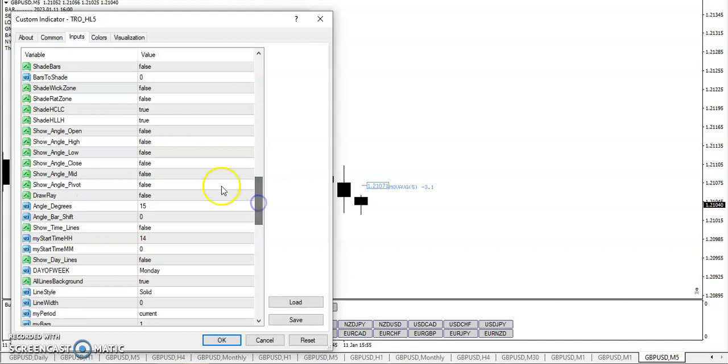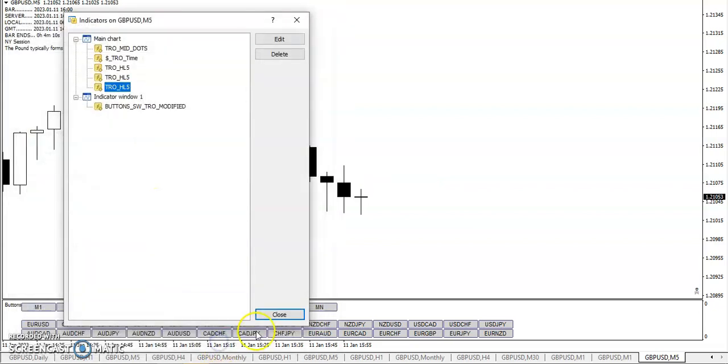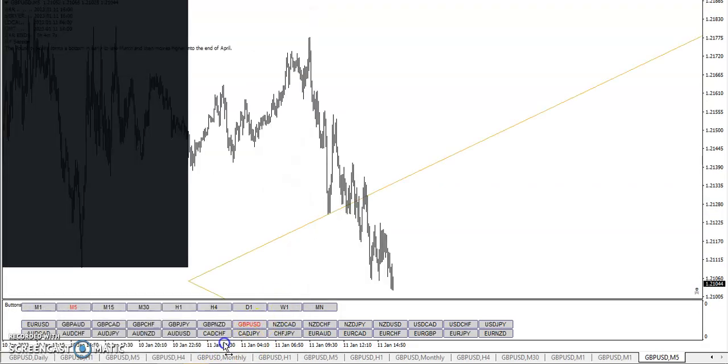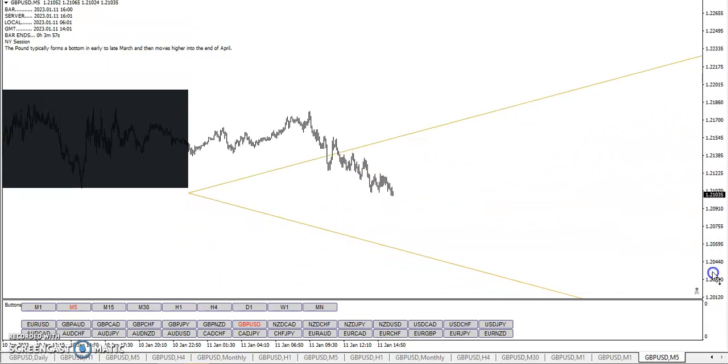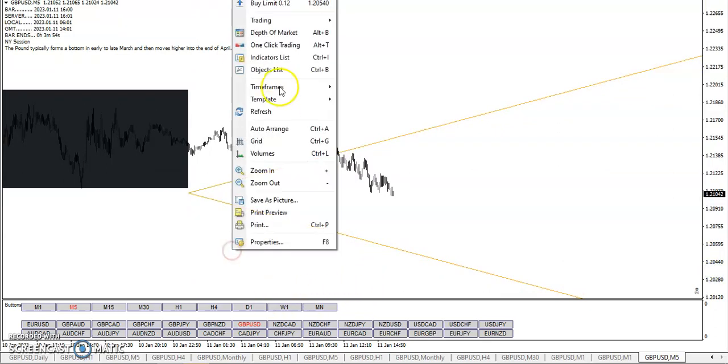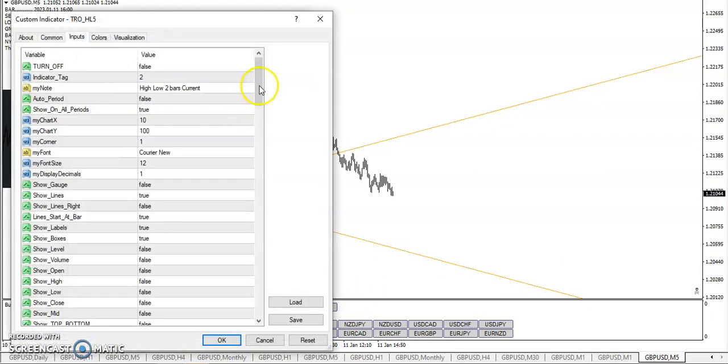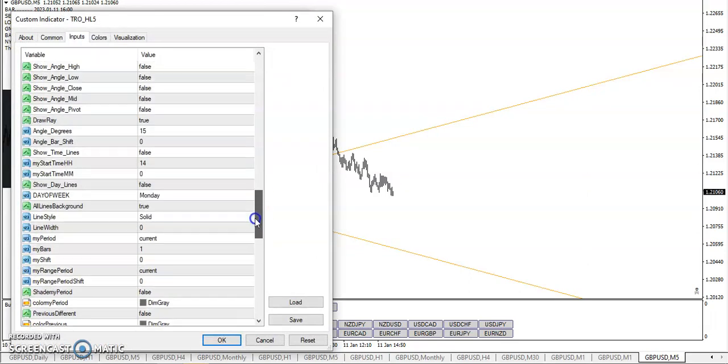Now, there's some fun stuff here. Some people like to show angles. So if you show it from the open, you can draw it as a ray. You say how many degrees you want that line to be. And that's from the daily open, I do believe. It's been so long since I've used it. Somebody was asking me about it, and I figured out how to do it. So I put that in for them.